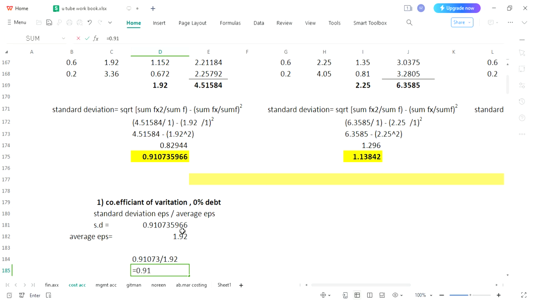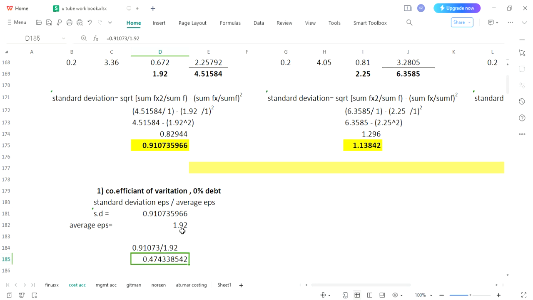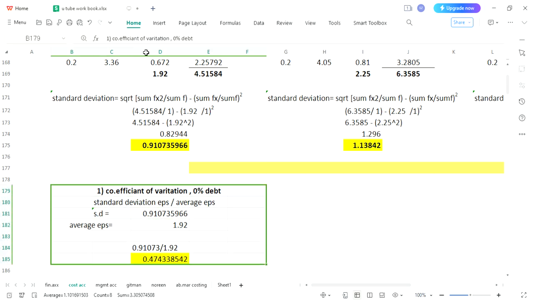Now you can put it on your calculator. 0.91073 divided by 1.92. So we have got our CV, 0.4743. This first CV has been calculated. Let's mark it.